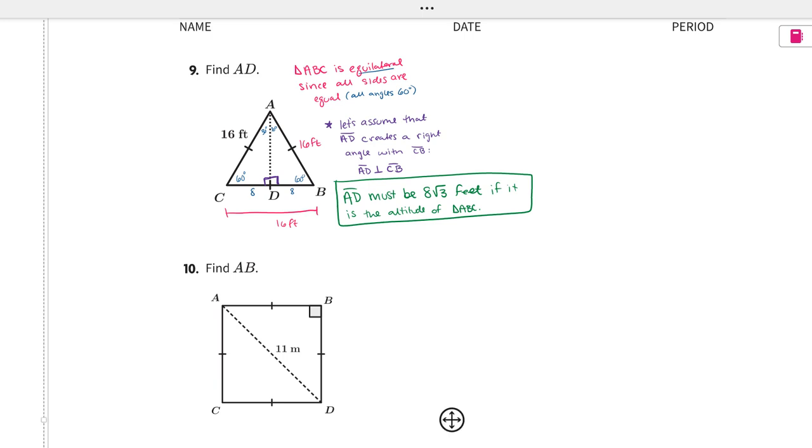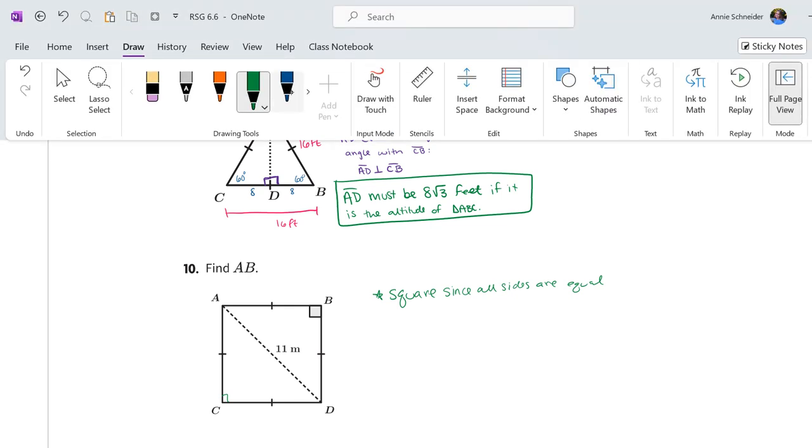Question 9. Again, we see that we have all equal sides, which tells us that this is a square. So this is a square since all sides are equal. Okay. Now, being a square means we have a bunch of 90-degree angles. Now, I drew a diagonal.